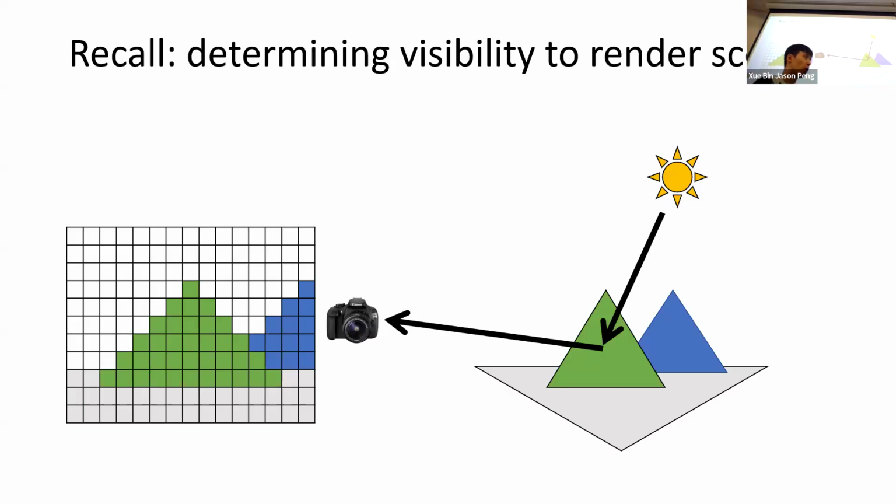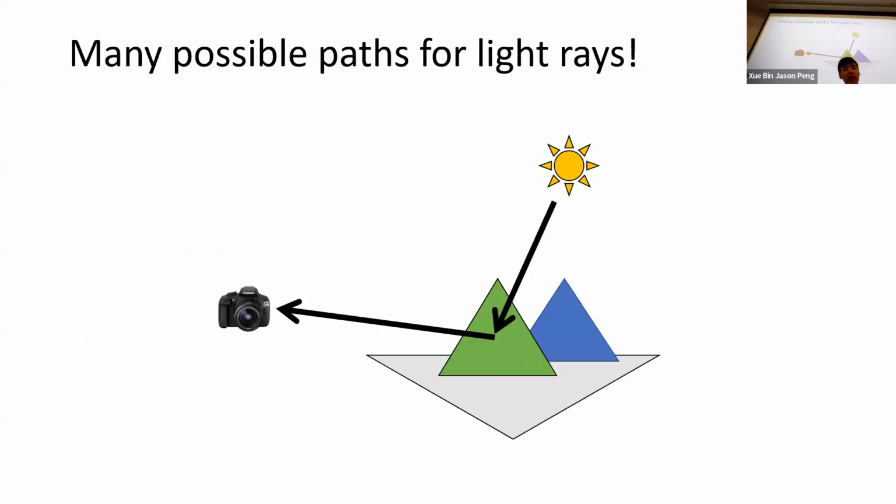In the case of ray tracing algorithms, for every pixel in the image, we are going to try to figure out which triangle in the scene is going to reflect light onto that particular pixel. So for example, if you have a simple scene like this, we are going to have a light source, could be the sun, which is going to cast light rays into the scene.